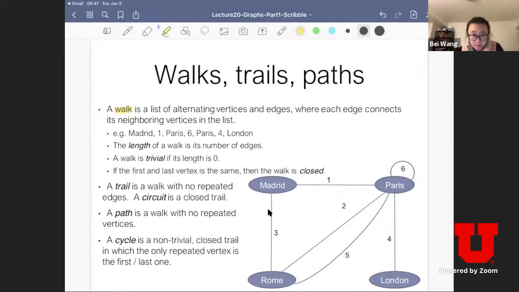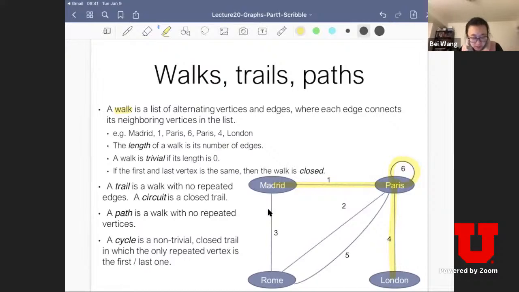For example, if I go from Madrid to Paris, from Paris making a self loop through edge 6, and then back to Paris, and then go to London, that is a particular walk.